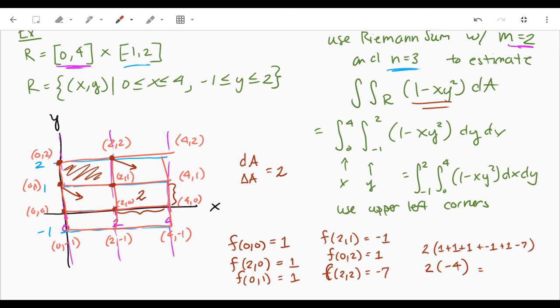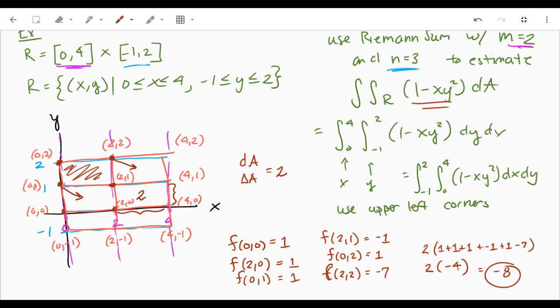Yeah, so we'll get -8 as our estimate for that integral. Okay. All right. So one thing that you could do is come back and do this one as a practice problem once you learn how to actually calculate that integral and see how close you get to -8. Probably won't be all that close, but I don't know. I haven't tried it yet.